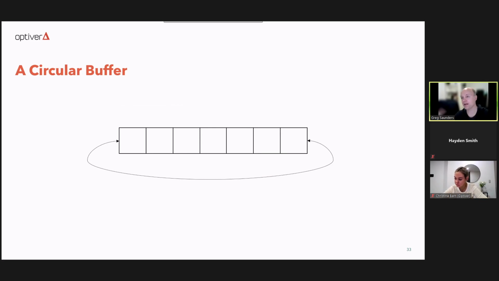If we make our circular buffer significantly larger than the number of prices that we need, then we can store those prices in our circular buffer. They're going to be contiguous or at least close together in memory, and we'll be able to take advantage of the cache in this way.